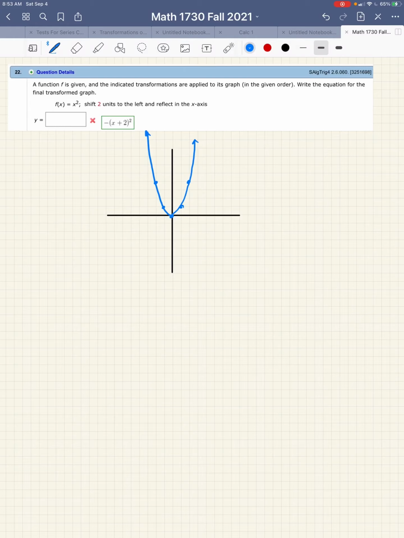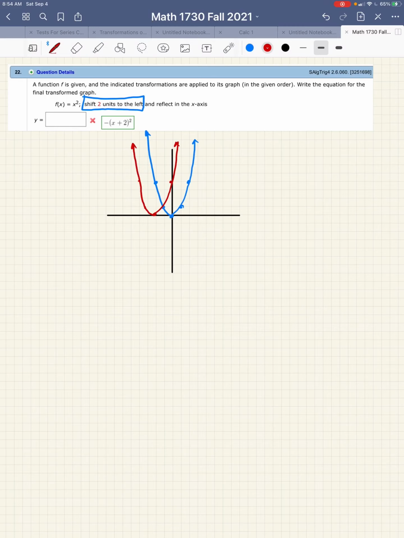And what we're supposed to do is shift this parabola 2 units to the left. So this should then result in a parabola that would be positioned here, 2 units to the left.